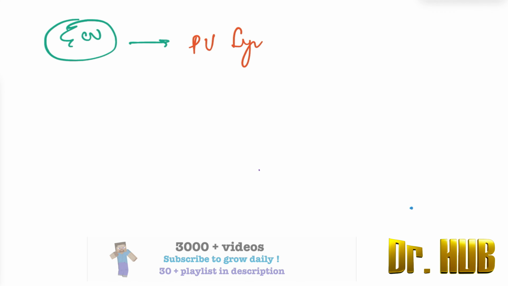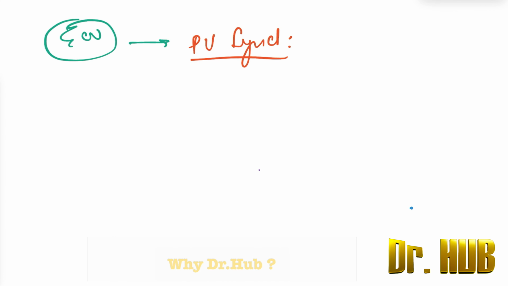Next, we are moving on to the esophageal web. Esophageal web is seen in patients with Plummer-Vinson syndrome, and esophageal webs are thin membranes of the normal esophageal tissue.